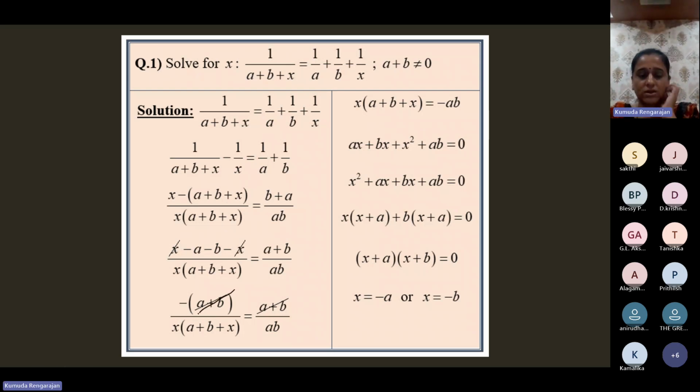Now this a plus b and a plus b in the numerator get cancelled. On either sides, we have the same expression in the numerator. They get cancelled. How do we cancel? I'm just writing an example, okay? Don't really try to make any sense out of this.